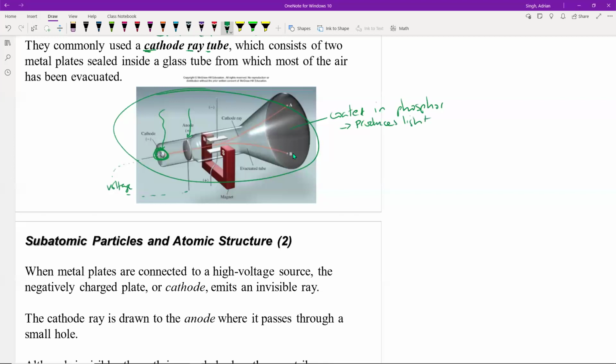It produces a very bright light. So they were able to observe this, and what they also found was that the cathode ray emanated from the negatively charged cathode and went through the positively charged anode.